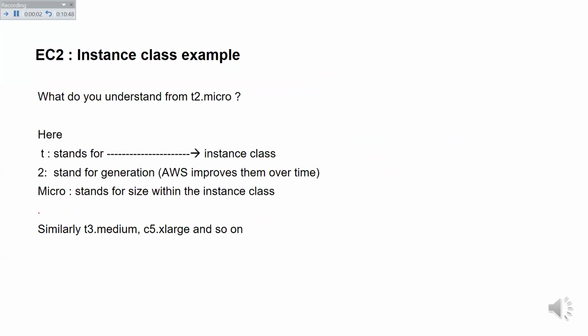So what is this T2 micro, all these kind of things? Here, T stands for the instance class, as in storage optimized, memory optimized, compute optimized, and so on. These letters stand for your instance class.